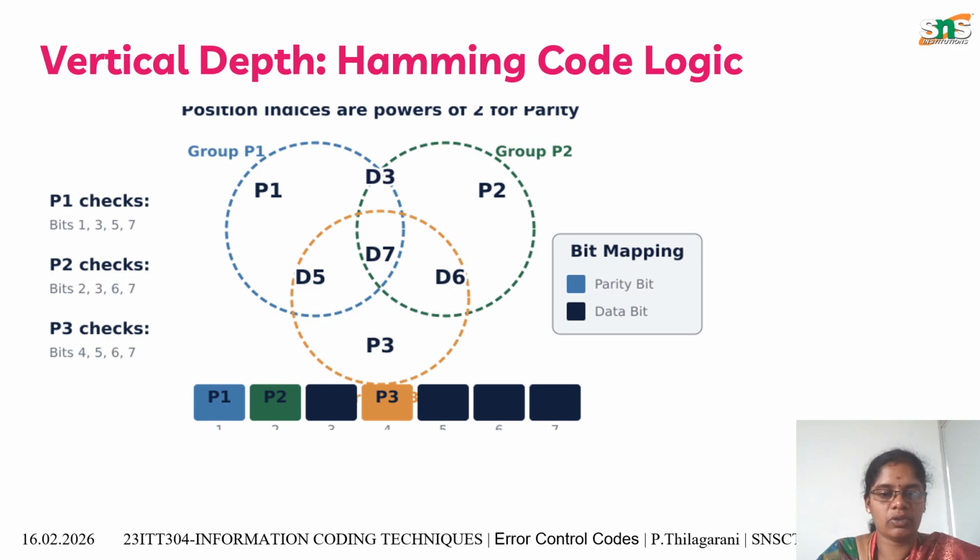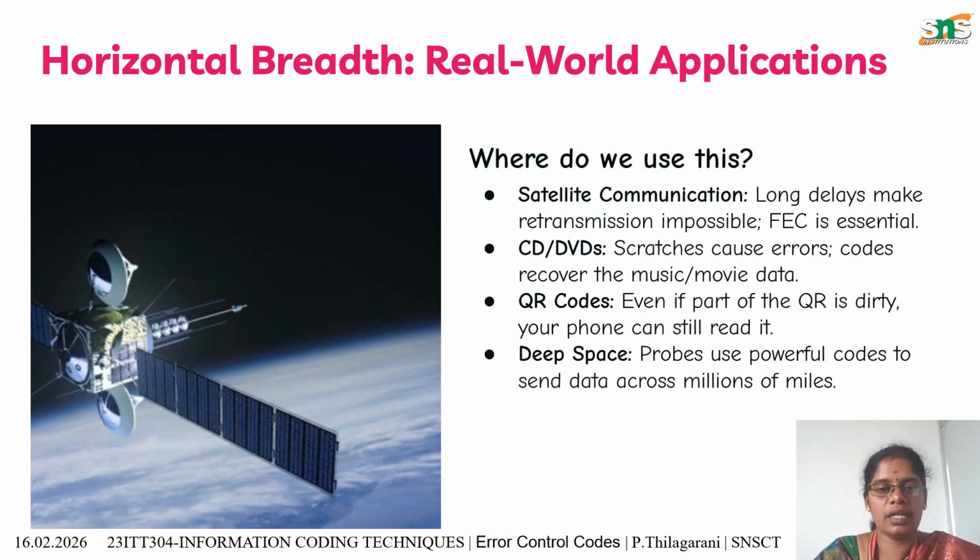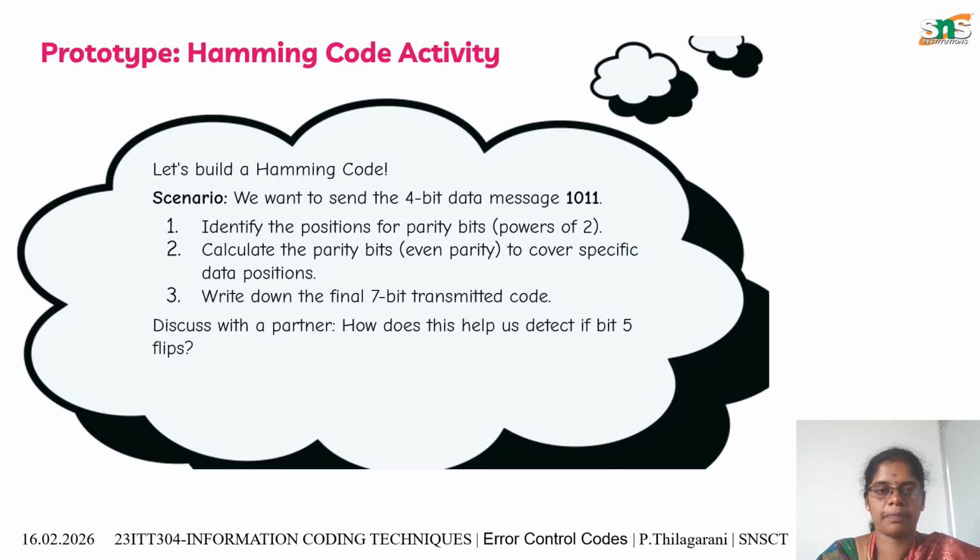In CDs and DVDs, scratches cause errors, and codes recover the music or movie data. Then QR codes. Even if part of the QR code is dirty, your phone can still read it. Deep space probes use powerful codes to send data across millions of miles.